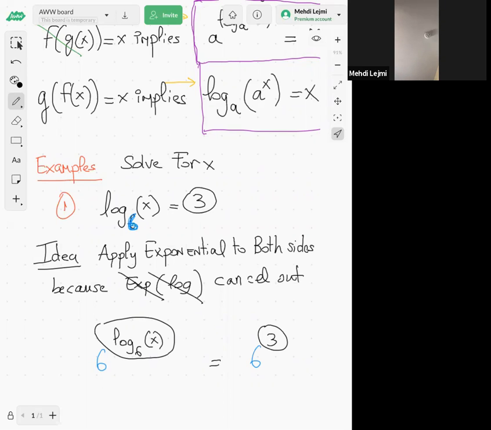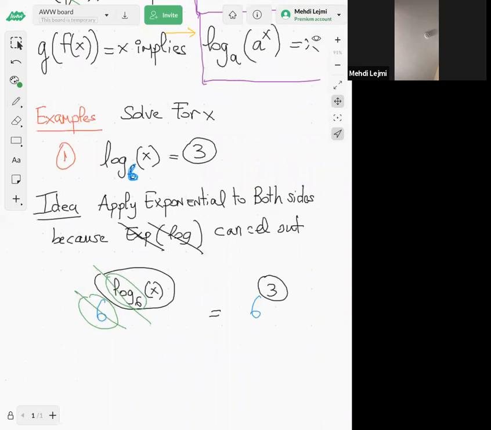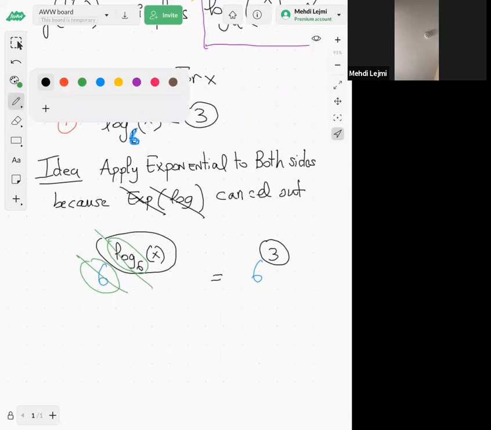So now we have the 6 to the power log. So this one here would be like your exponential in base 6, and this is like your log in base 6. So exponential and the log, because they are inverse of each other, they cancel out. So then you're gonna have just x on the left side equal to 6 power 3, which is, I guess, 36 times 6.